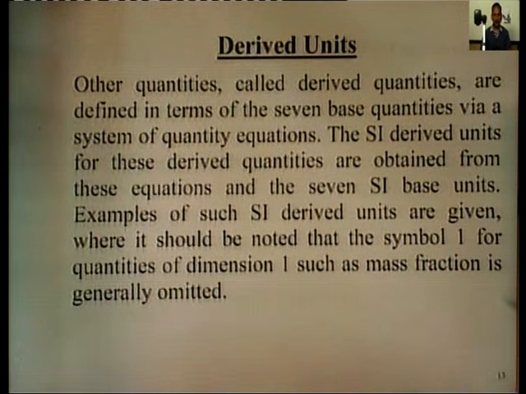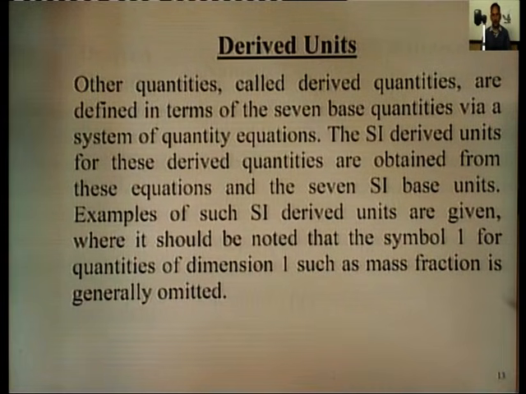Derived units. Other quantities called derived quantities are defined in terms of the 7 base quantities via a system of quantity equations. The SI derived units for these derived quantities are obtained from these equations and the 7 SI base units.